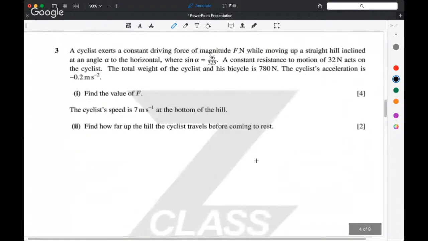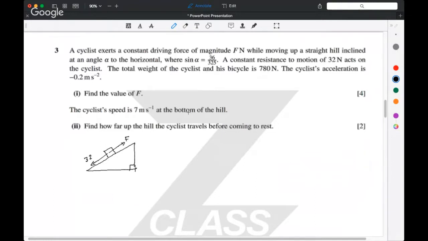Okay, question 3. So we have a cyclist going up this hill, and you have to be pretty careful with directions in this problem. His driving force is up the hill. I'm going to call that F. The resisting force is down the hill, and its magnitude is 32.